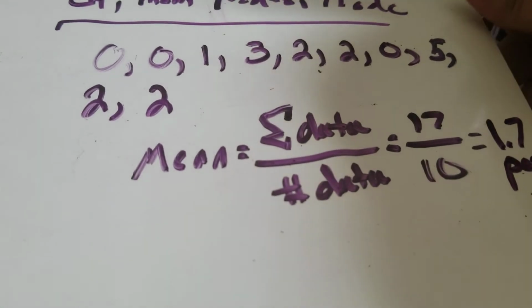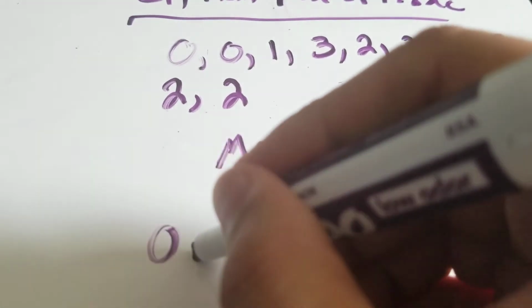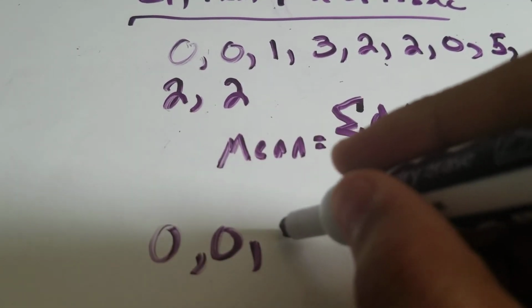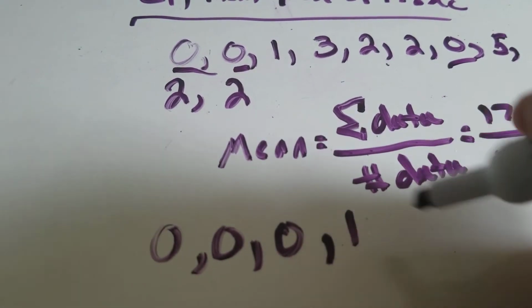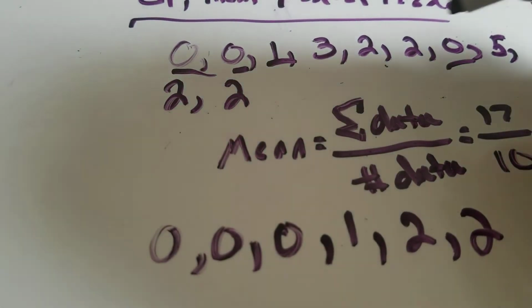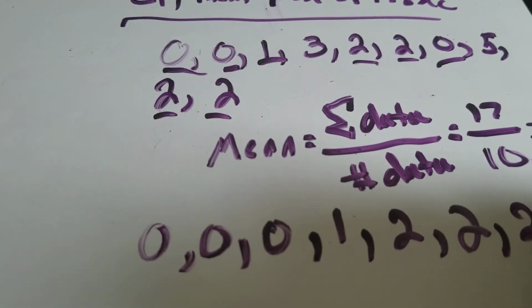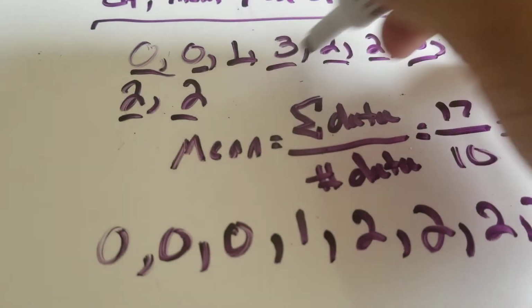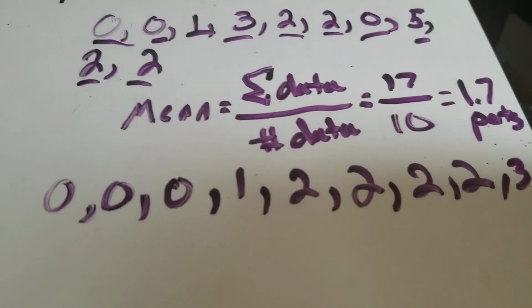In order to find the median, we're first going to put all our numbers in order. That's going to be 0, 0, and I'm going to underline as I use them. I see a 0, I see only one 1, I see two 2s, oh, two more 2s over here, and then I see a 3 and a 5. Okay, so I have my data in line.